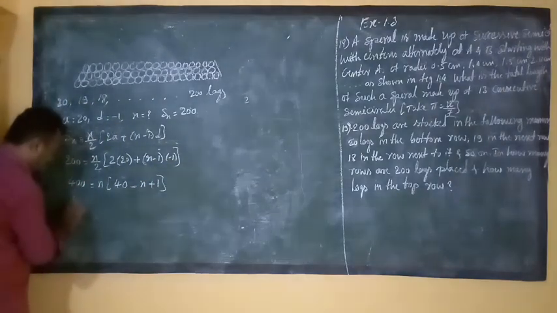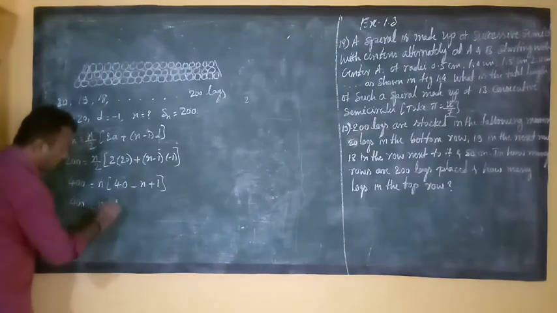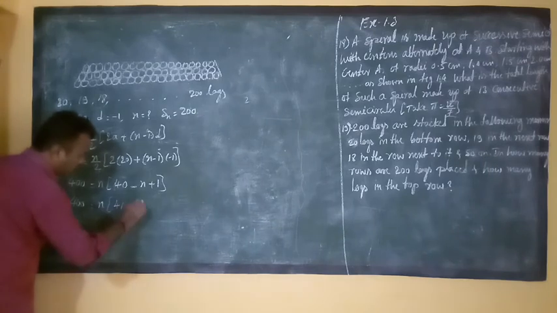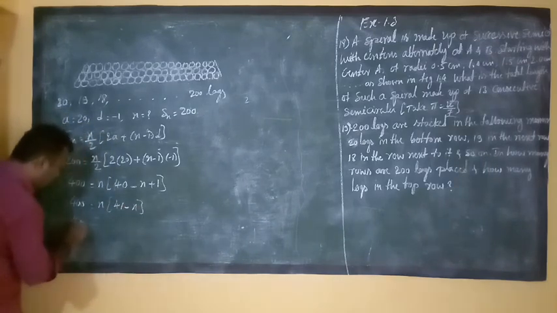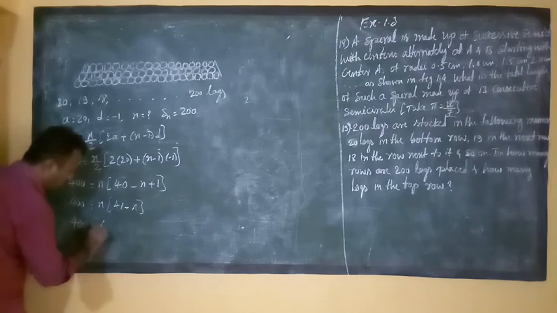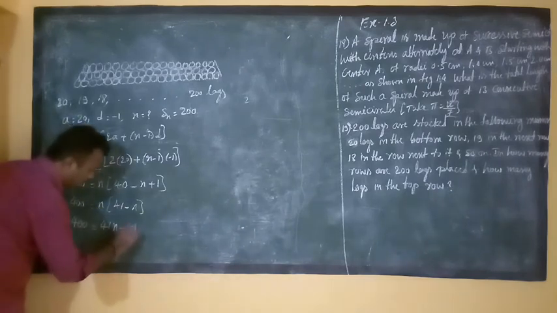Then 400 is equal to n into 41 minus n. So 400 is equal to 41n minus n square.